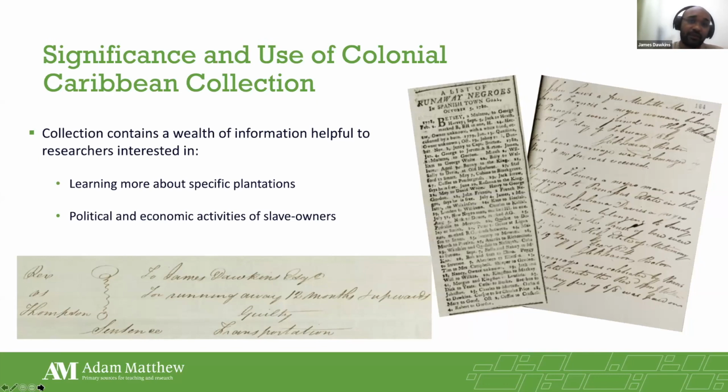The majority of historical accounts that exist only speak about or refer to the enslaved Africans within the context of property. So you'll be able to find out their name, their age, their gender, their location, and their status of health. But apart from that, there's not much else said on them.